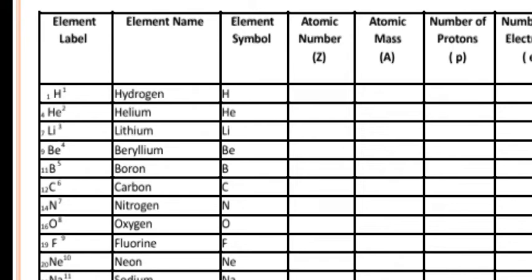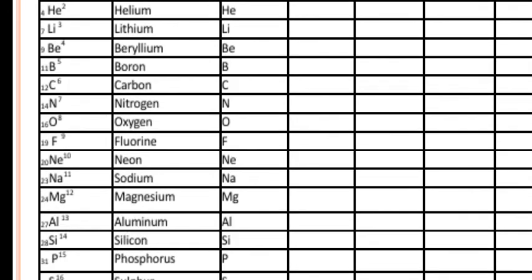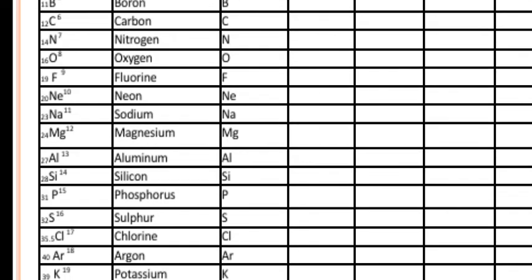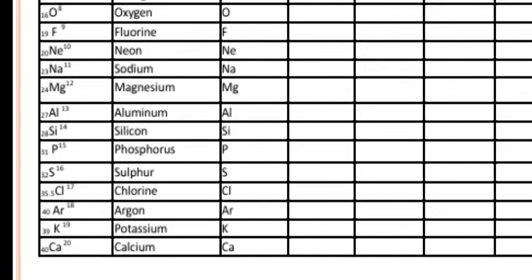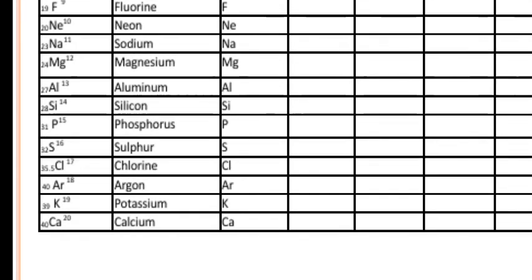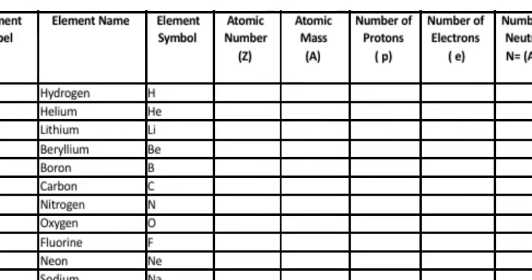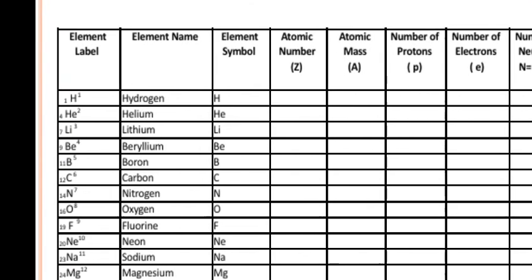I am repeating: He for helium, Li for lithium, Be for beryllium, C for carbon, N for nitrogen, O for oxygen, F for fluorine, Ne for neon, sodium Na, magnesium Mg, aluminum Al, Si silicon, phosphorus P, sulfur S, chlorine Cl, argon Ar, potassium K, and calcium Ca. I have repeated all the elements which are given in this table.